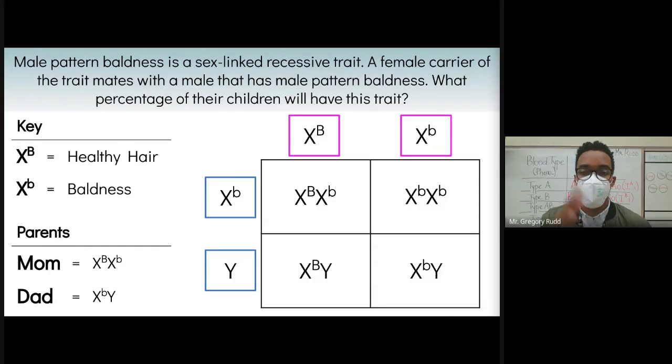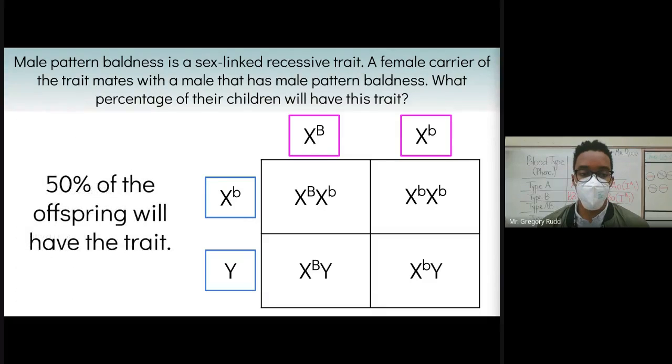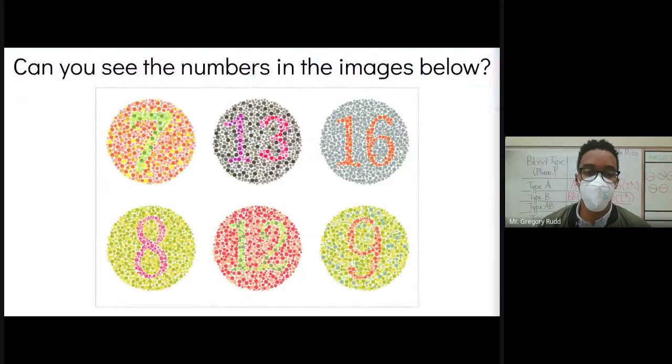And below that, X capital B Y, that is a male who does not have the trait because he's got only one dominant allele. All right, so it's a 50% chance that their offspring will have the trait. Good job.